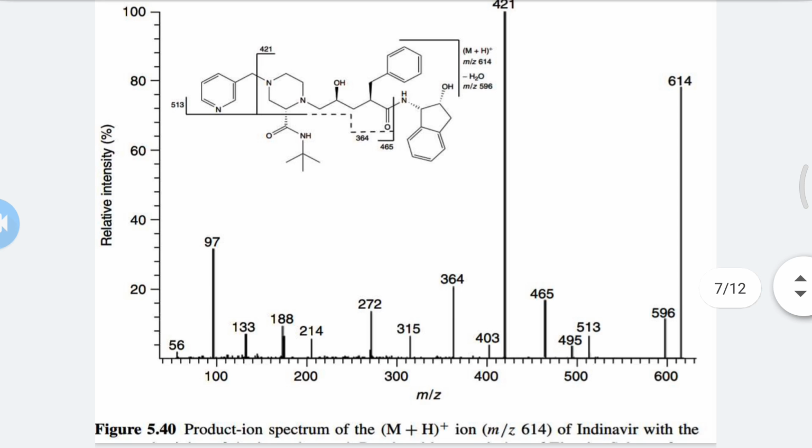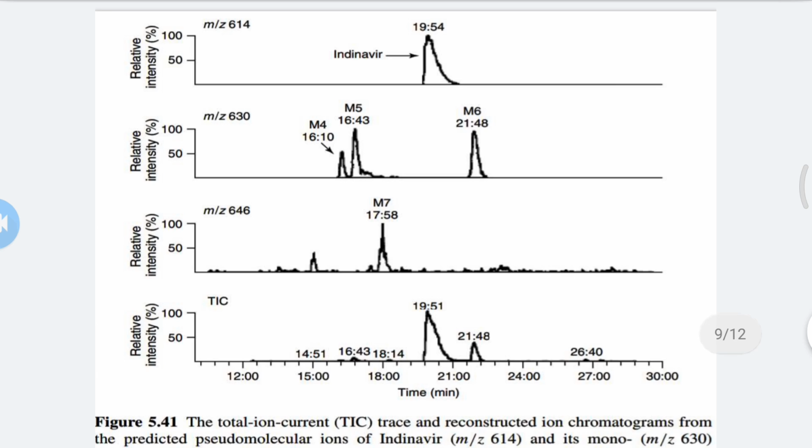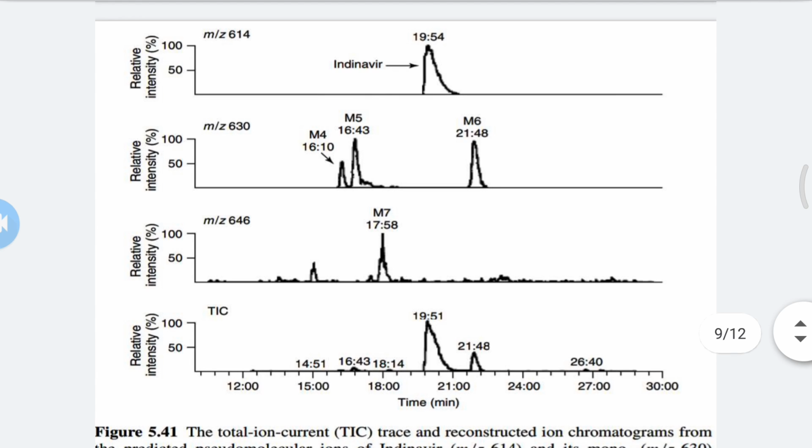The reagent gas donates the proton, which is absorbed by these molecules and forms molecular ions. Okay, so this is the total ion current TIC trace and the reconstructed ion chromatogram from the predicted pseudomolecular ions of the Indinavir drug, whose molecular mass is 614.